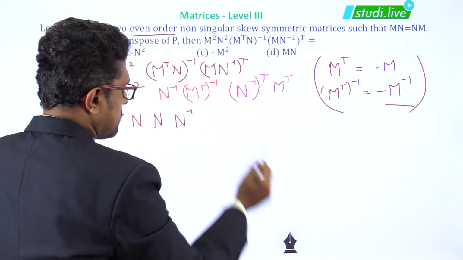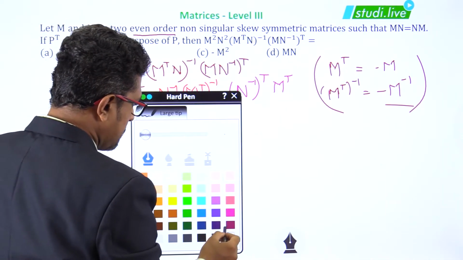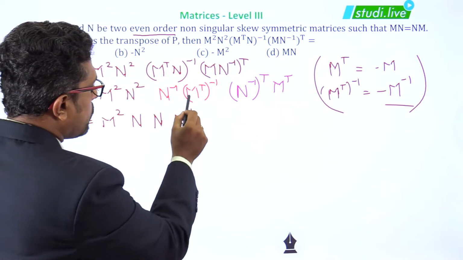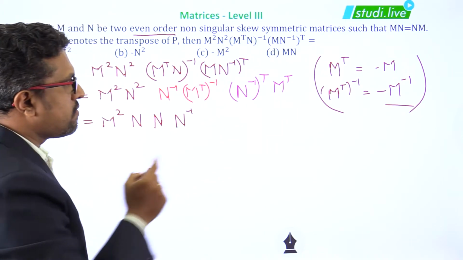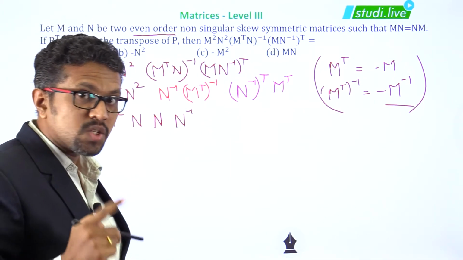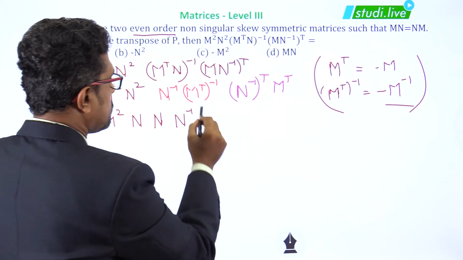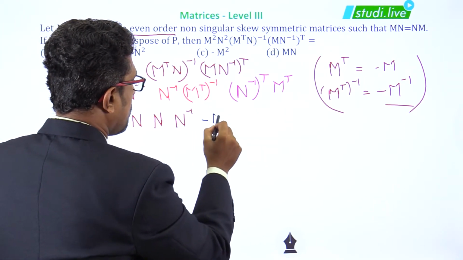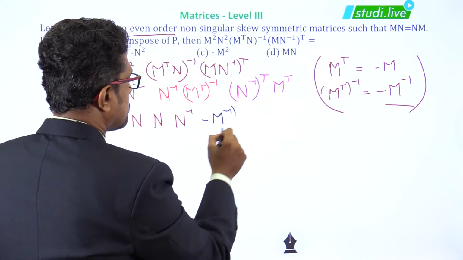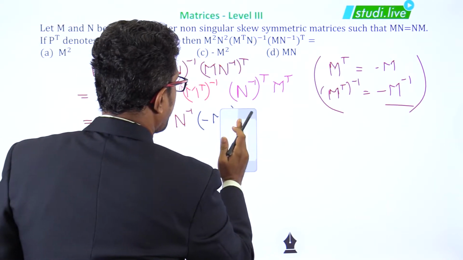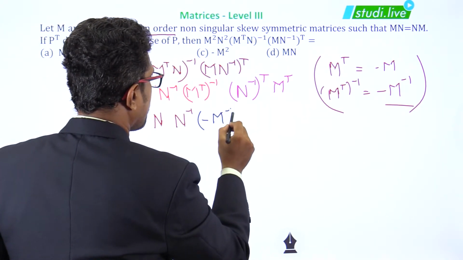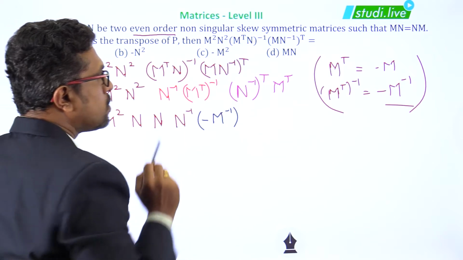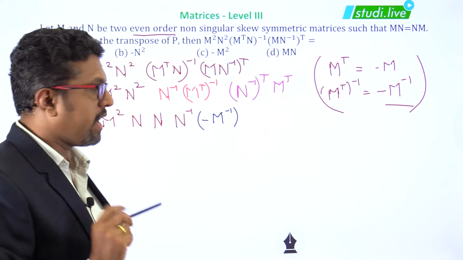Now let me just use some other color. Over here, M transpose its inverse can be written as minus M inverse. So this will become minus of M inverse. This will also become minus of N inverse.